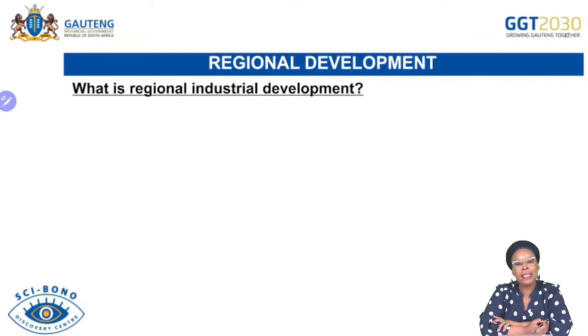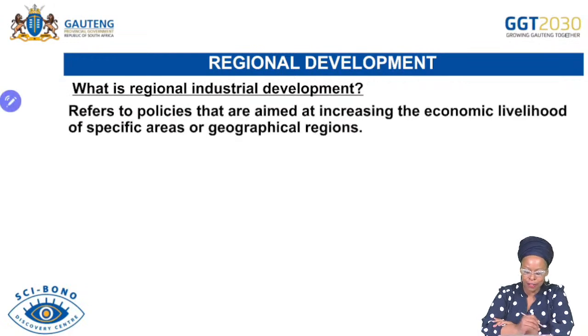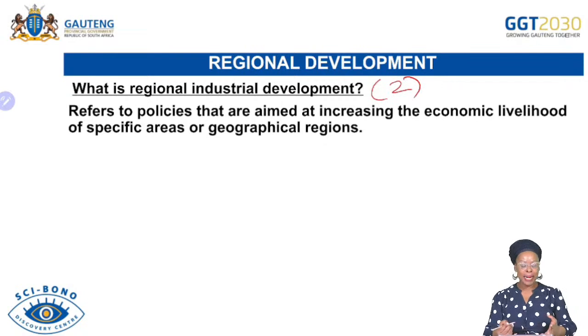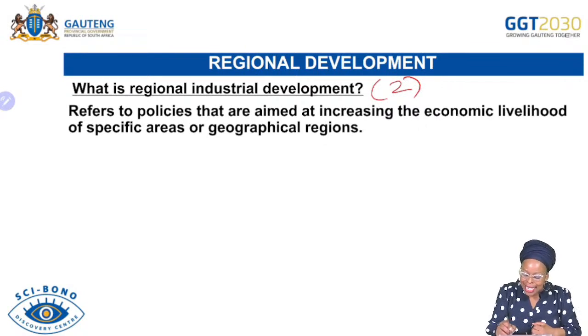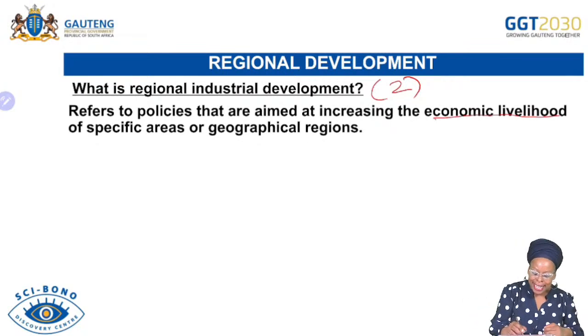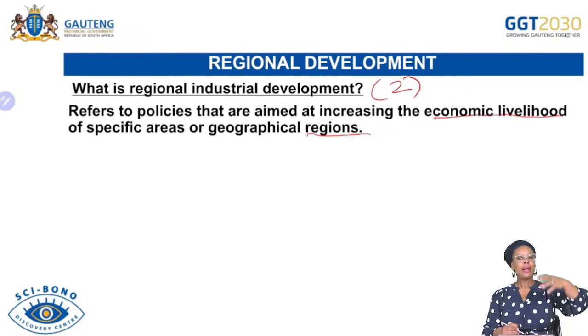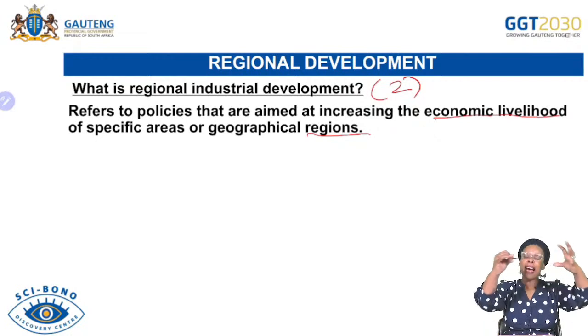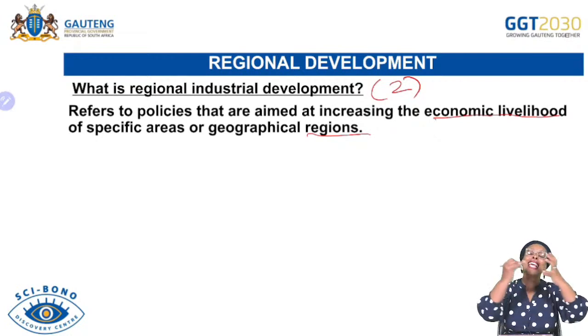What is regional development? For 2 marks. Regional development takes place when we have policies that are aimed at increasing the economic livelihood of specific regions. Industrial development focused on South Africa as a nation, as a country.